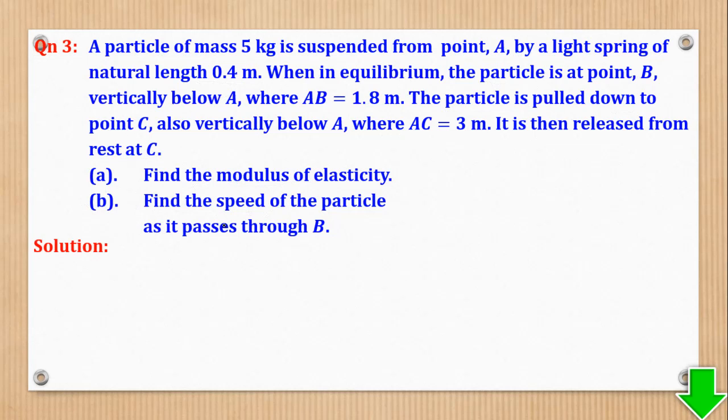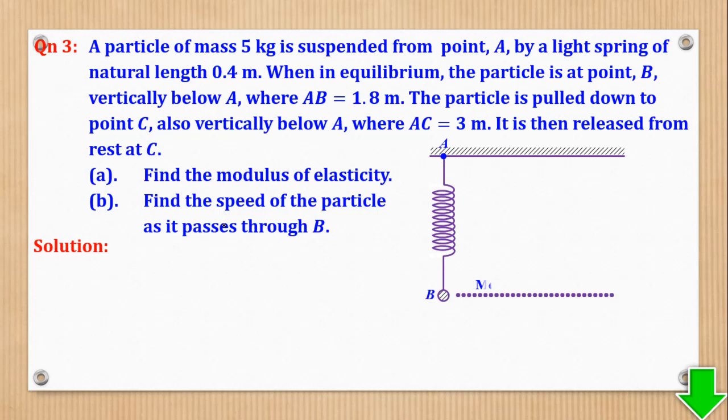So I need to make a sketch. That is the fixed point, the point A. Then there is a spring with a mass attached and it's in equilibrium at point B, which is this. And the distance here, it was AB, which is 1.8. So there is weight. The mass was 5 kilograms.